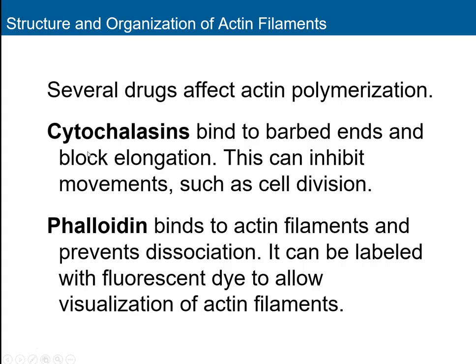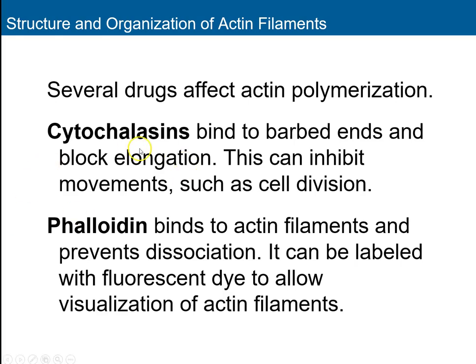Okay. All right, now there are many drugs that will affect actin polymerization. Some of them are used for treatments, and we're going to talk about that. But they're also used in the lab to disrupt actin polymerization to see what effect it might have on the cell.